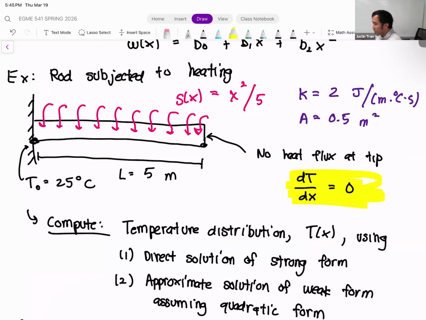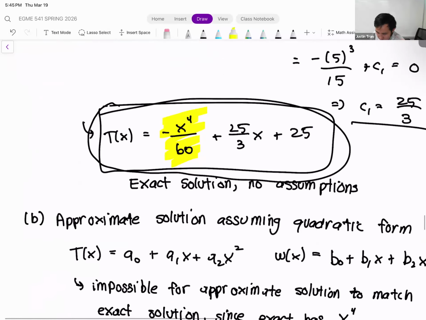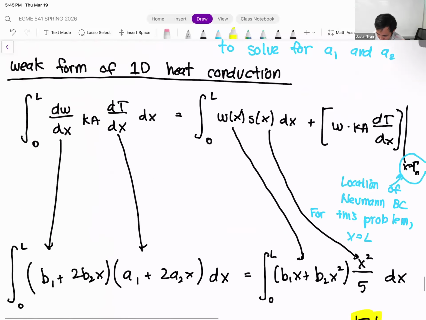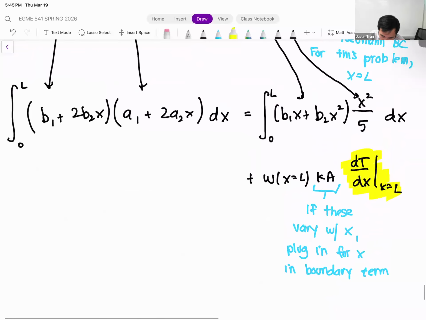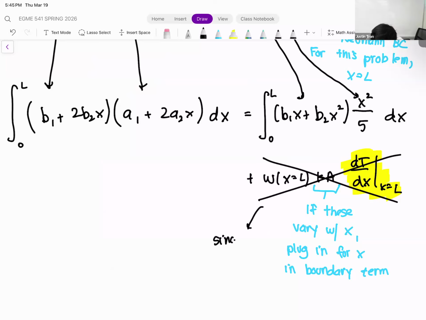And so that's convenient. So if it's equal to 0, that means that last term there is just going to cancel out, okay? And since dt dx at x equal to L is equal to 0, that's one less term for us to worry about.